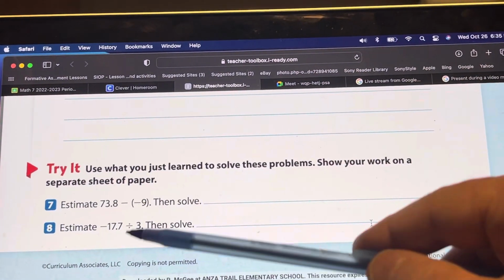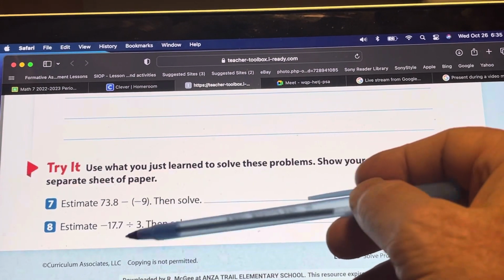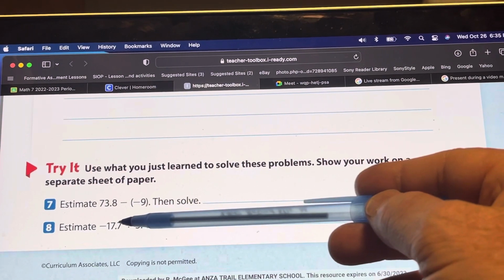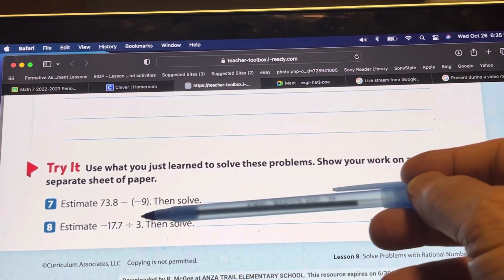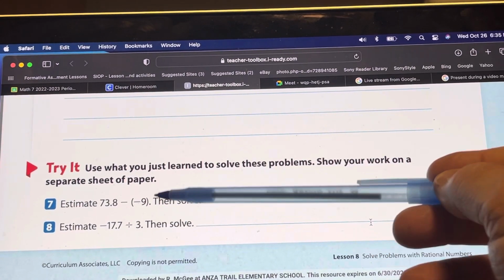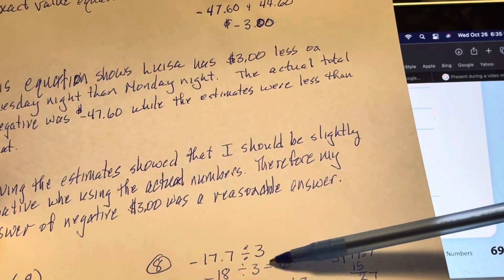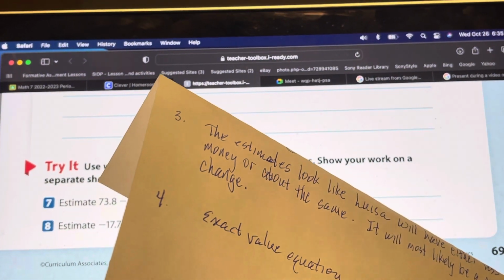The next one is -17.7 divided by 3. Again, I rounded to the nearest whole number, the nearest integer, which was -18. -18 divided by 3 is -6. Right? So we got a negative, actually that should be a -6. I left off my negative sign.